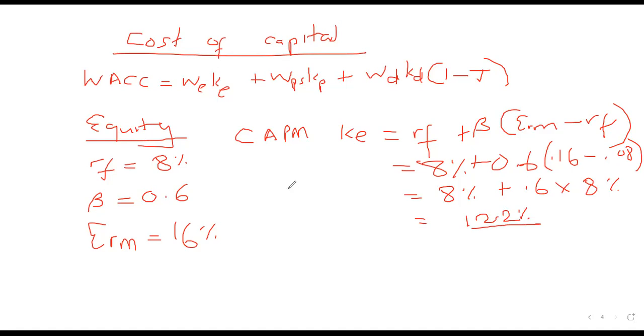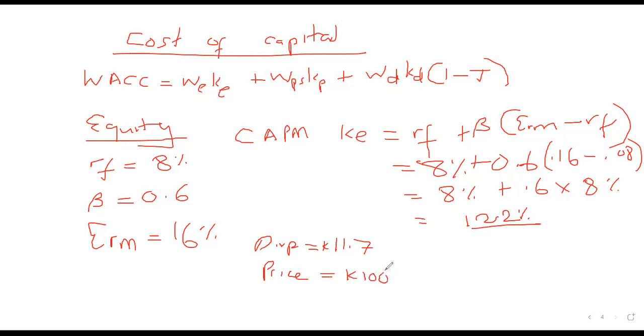And we're told also that preferred stock has a dividend paid of 11.7 kwacha, and the selling price of stock was 100 kwacha.